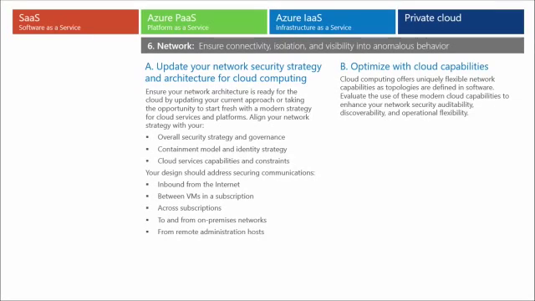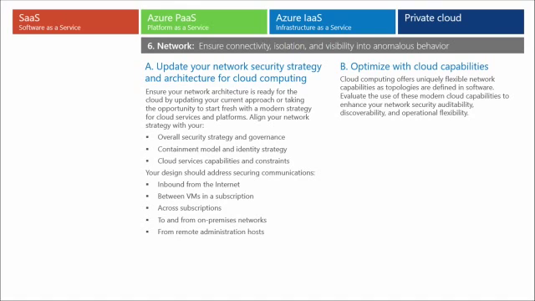Optimizing with cloud capabilities. The nice thing about cloud is it brings in essentially software-defined networking, which opens up a new world of being able to turn things off, turn things on, have an extra copy of things, and it allows you to do new things that were not possible back when you had to plug a laptop into the serial port of the router in the closet to make any change. Now you can do it through software, through PowerShell and automation.